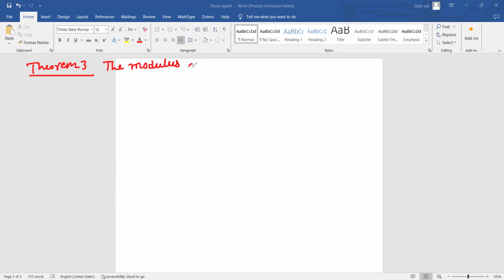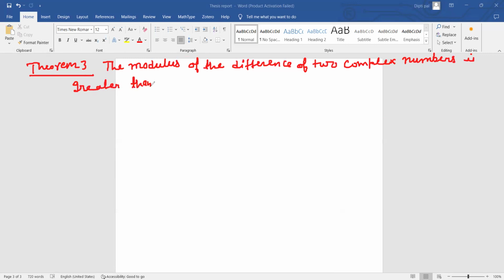The modulus of the difference of two complex numbers is greater than or equal to the difference of their moduli.